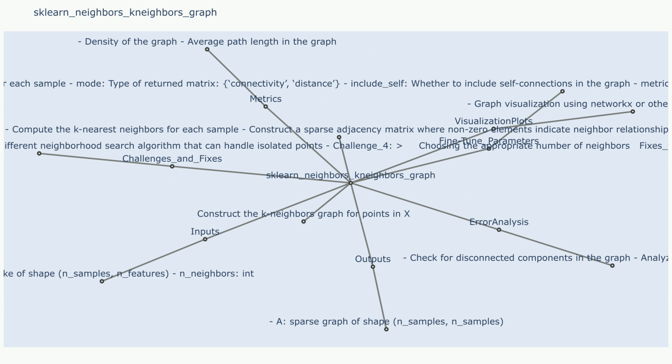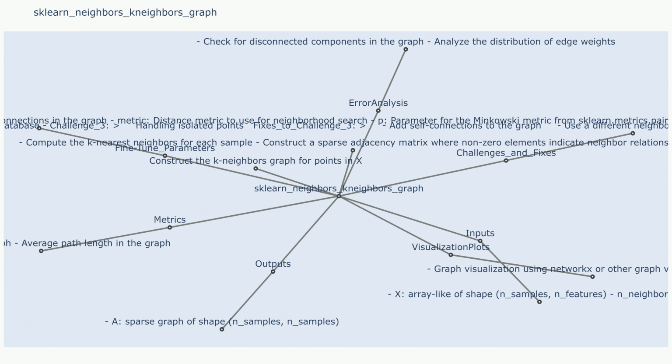If mode is set to connectivity, the entry a_ij is set to 1 if data point j is among the k-nearest neighbors of data point i, and 0 otherwise. If mode is set to distance, the entry a_ij is set to the distance between data points i and j if j is among the k-nearest neighbors of i, and 0 otherwise.